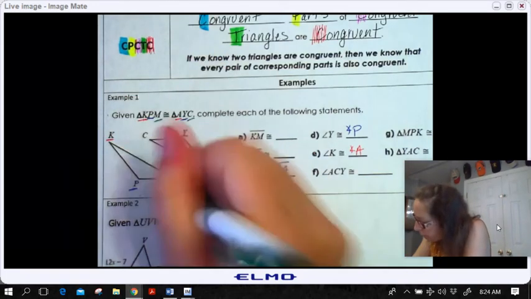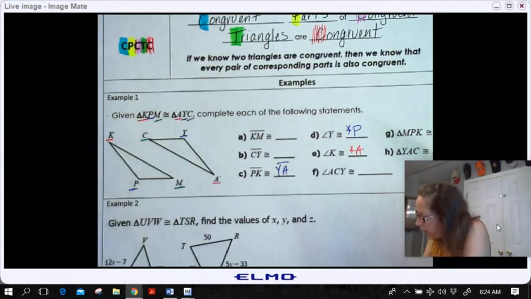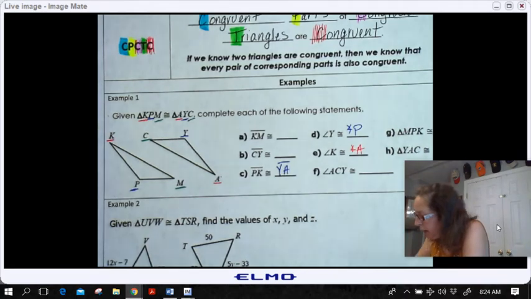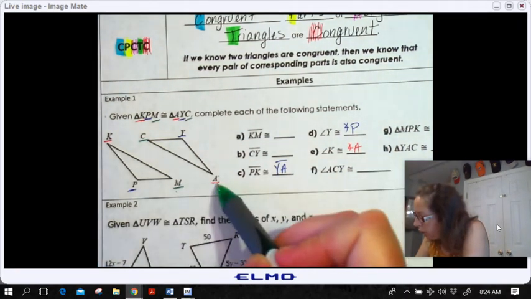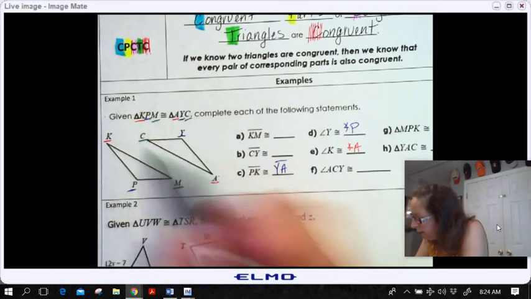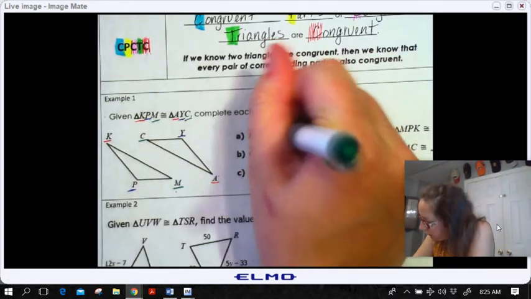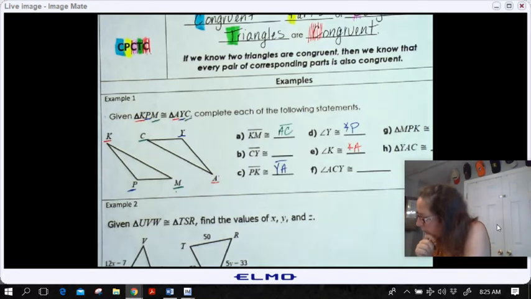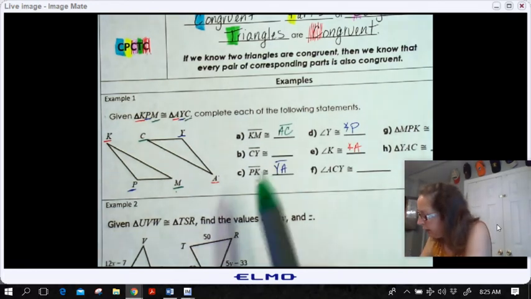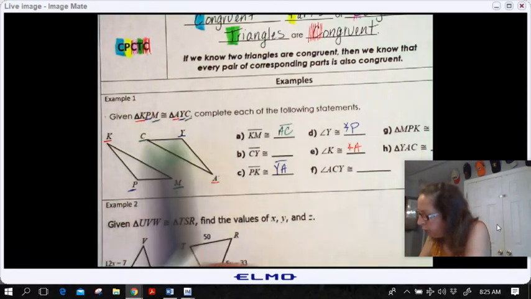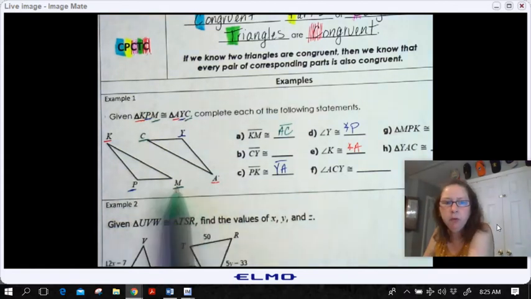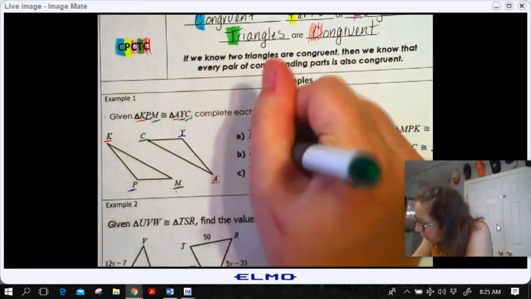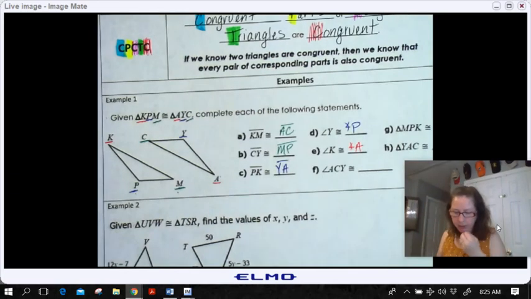M and C, so KM is red to green. So AC is red to green. And let's do our last one, CY. That's green to blue. So we need to do green to blue, M to P. Colors really help me out when I'm doing this.